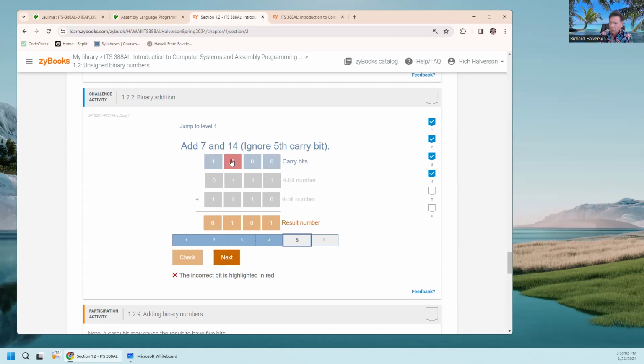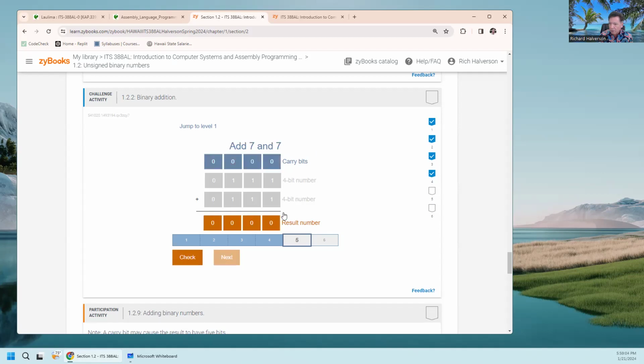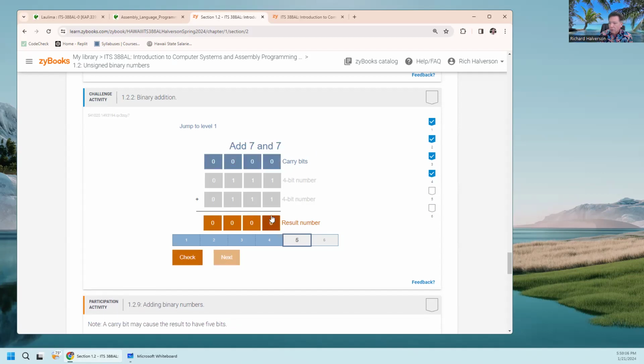Right. Okay. And this is 7 plus 7 is 14.